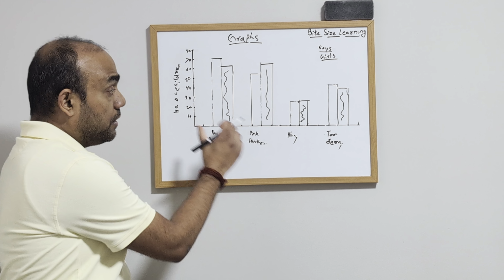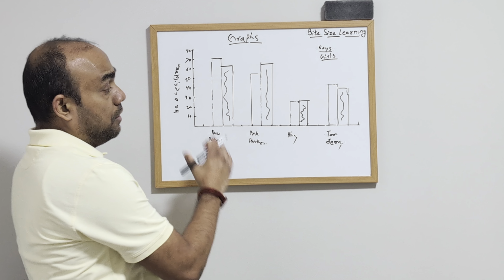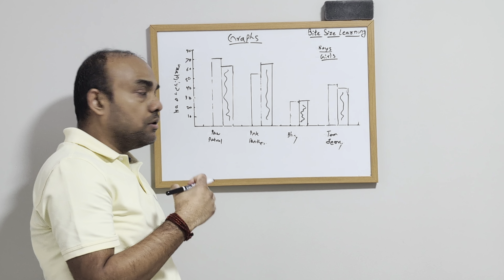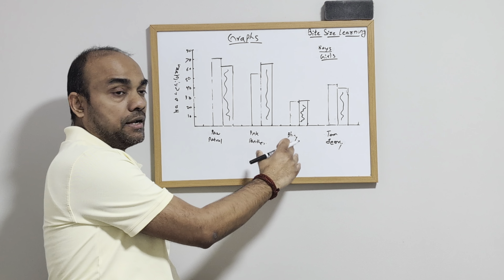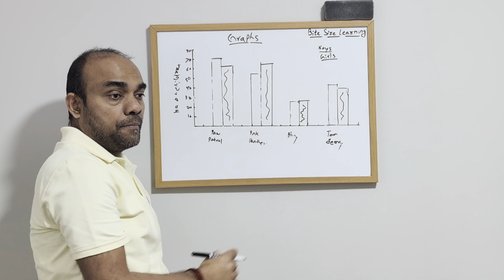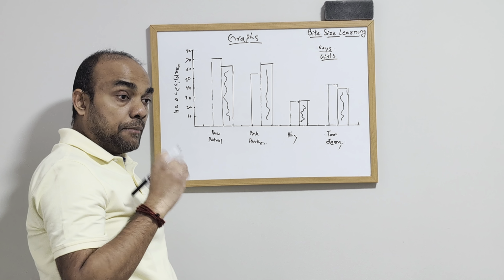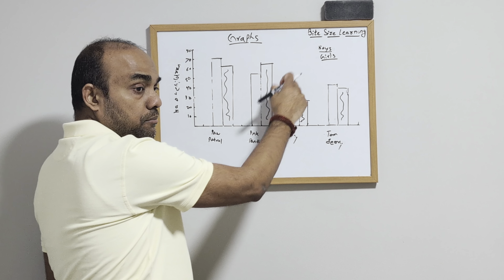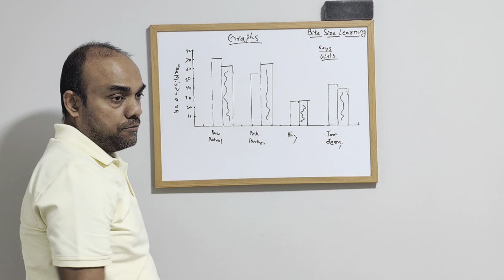Now you have a double bar graph. Earlier, when we only represented boys in this graph, it was a single bar graph. Now we have two types of data, about both the boys and the girls. It is called a double bar graph.